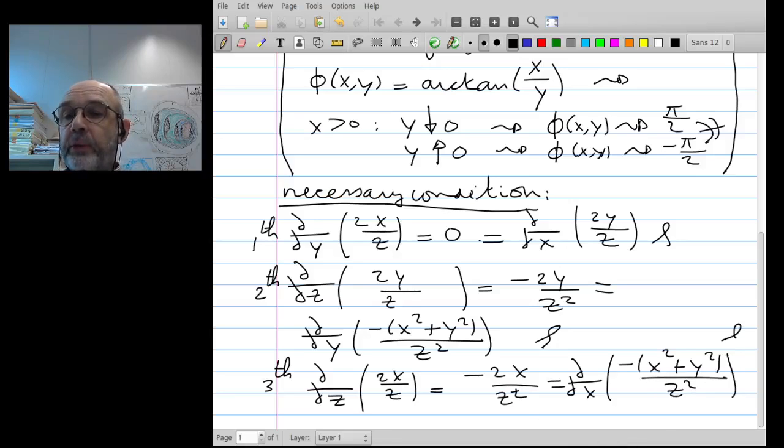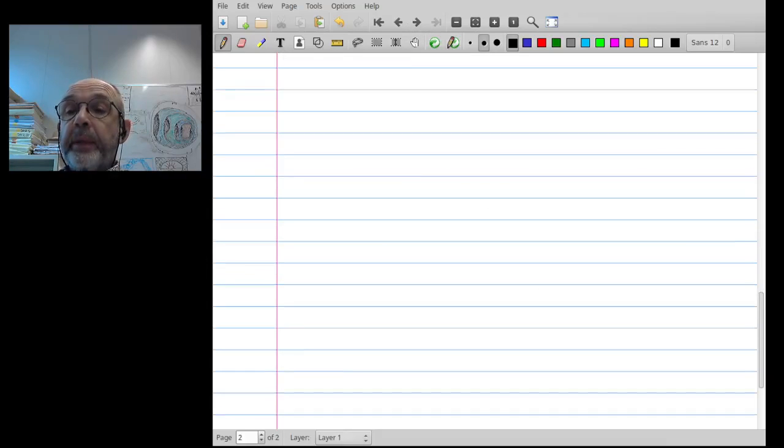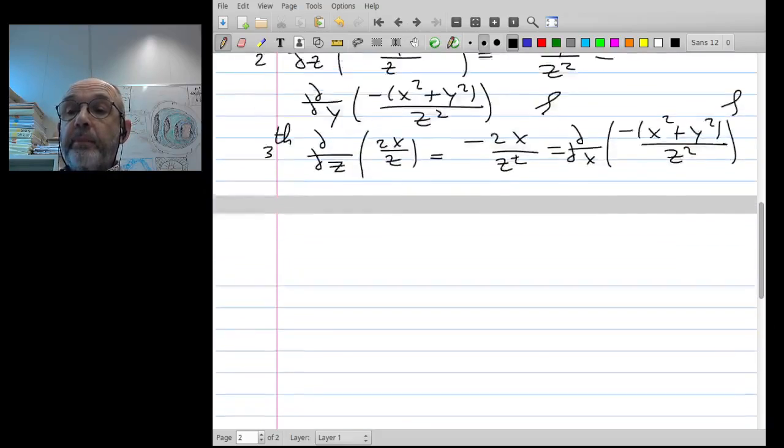So the conditions are fulfilled, and we say then that f is conservative, but keep in mind always to be careful. But we can now try to find a potential.